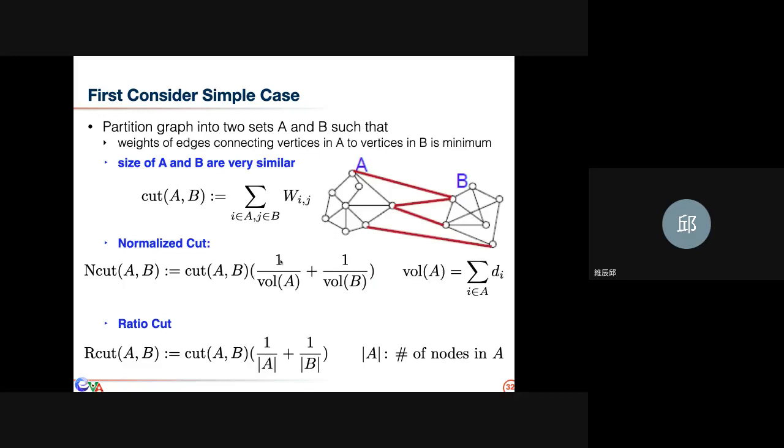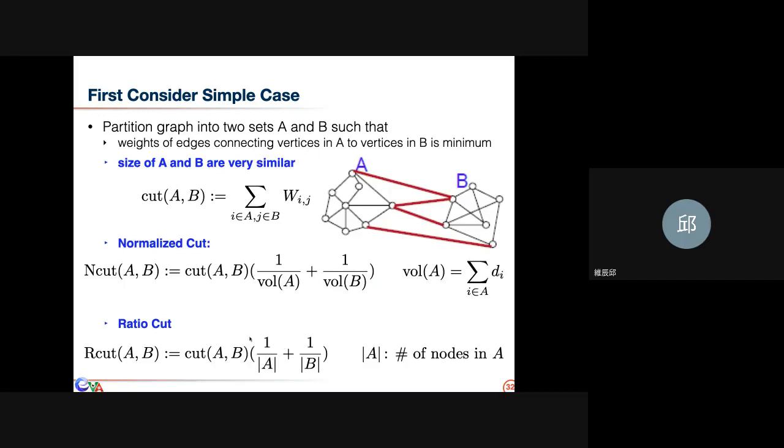That means I compute the summation over the inverse of the volume for each group.